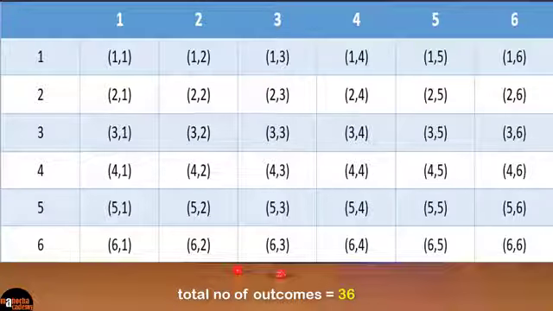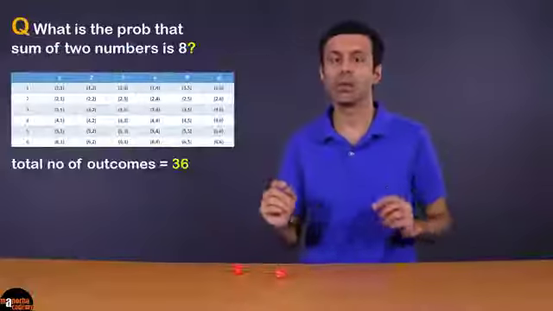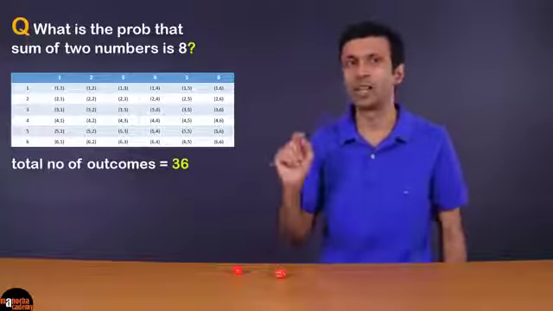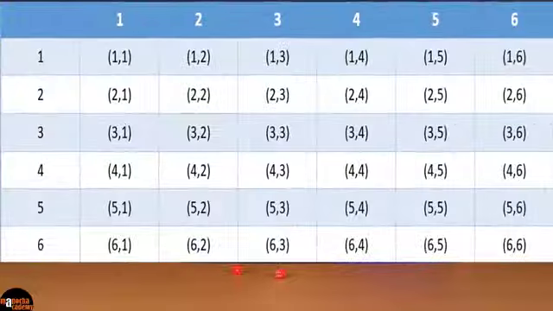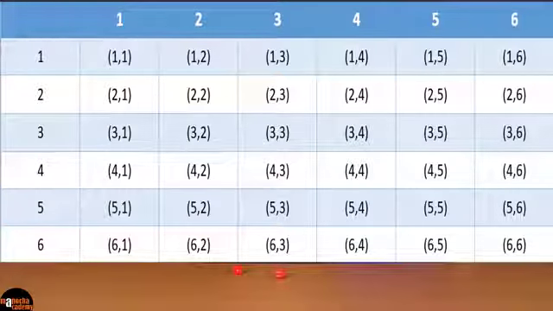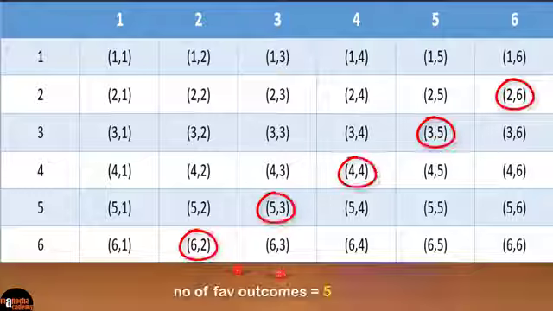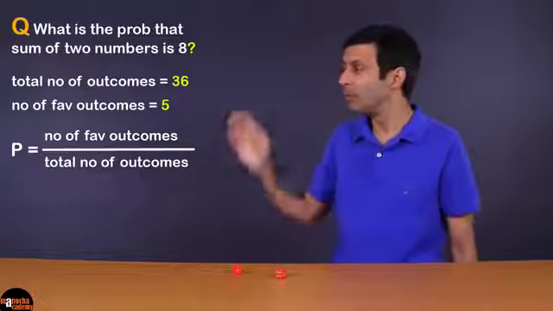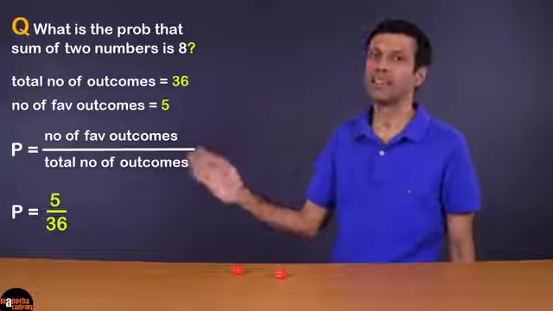So that's 36. And what is the number of favorable outcomes? That is, the sum of the two numbers should be 8. So as you can see from the table, the number of favorable outcomes is 5. So the probability that the sum of the two numbers here is 8 is going to be 5 by 36.